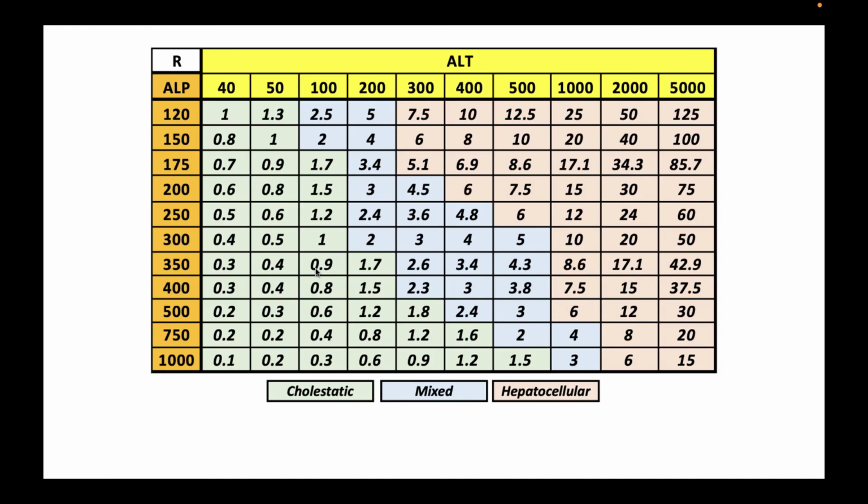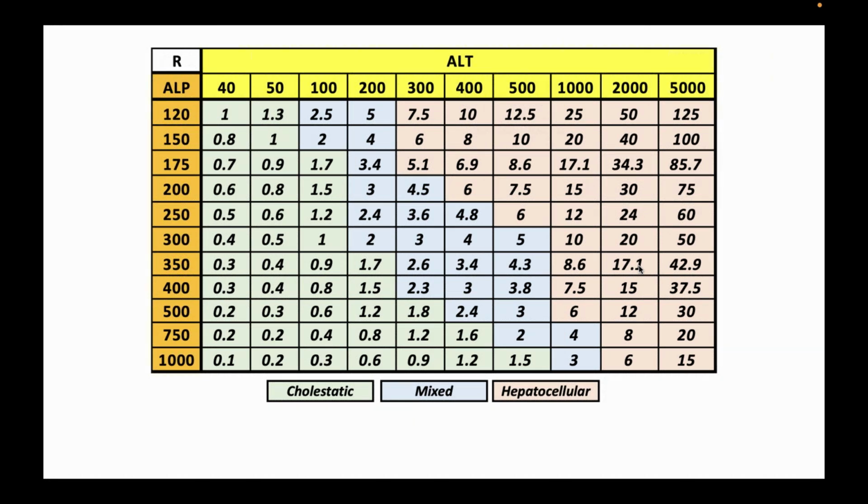And if you're too lazy to calculate, you can use the table I made. Just plot the ALT and ALK-Phos and it gives you the R factor, and tells you if it's mixed, cholestatic, or hepatocellular. This will help you triage what next steps you need to do to try to tease out if this is drug-induced liver injury or something else.